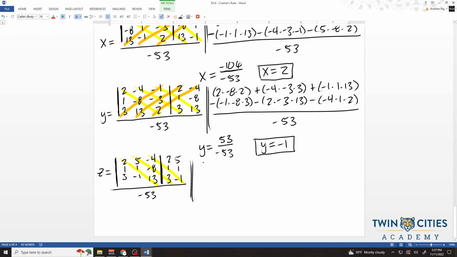So I've got 2 times 1 times 13, plus 5 times negative 8 times 3, plus negative 4 times 1 times negative 1.